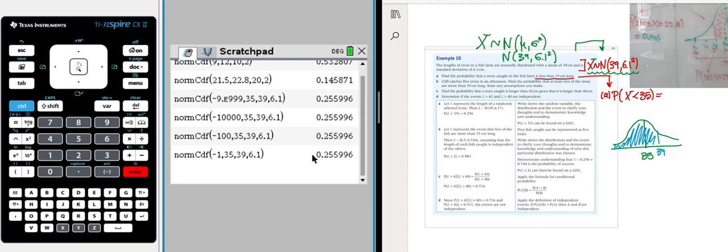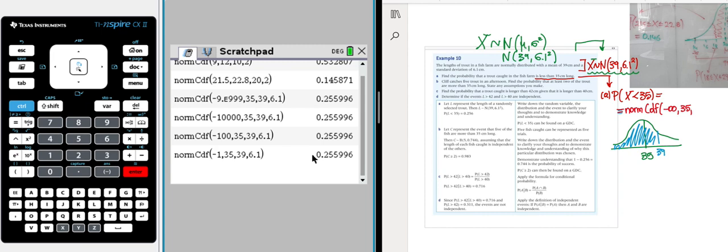Now, what would you write down? What would make sense to write down is what you see on the calculator there. So put a normal CDF, and then feel free to put negative infinity if you want. It just doesn't really matter. Then 35, which was the value, we want less than 35.